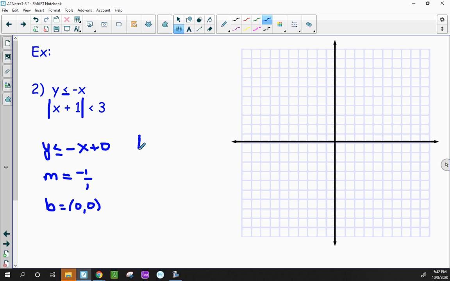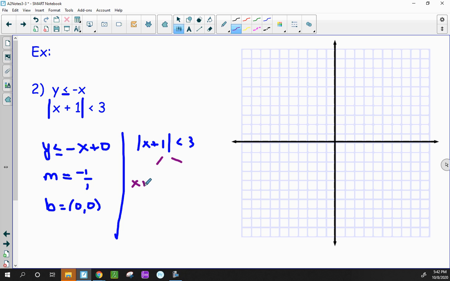Alright, second problem is the absolute value of x plus 1 is less than 3. And so what I'm going to choose to do here, where it's absolute value, I have to remember from algebra that if it's an absolute value inequality, there's actually two problems.